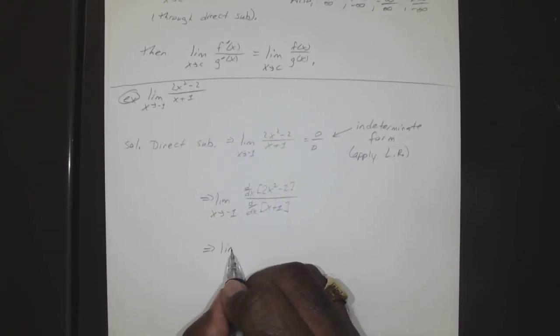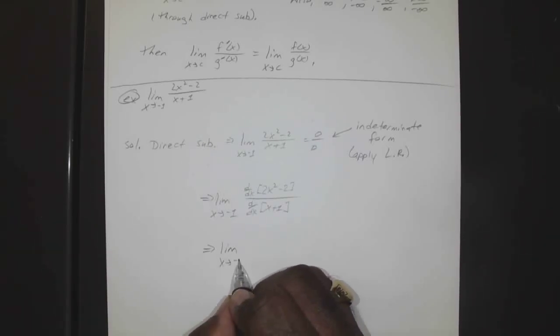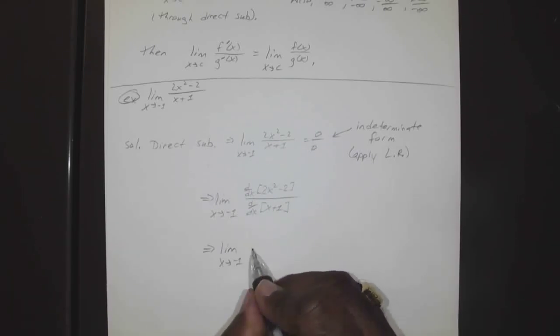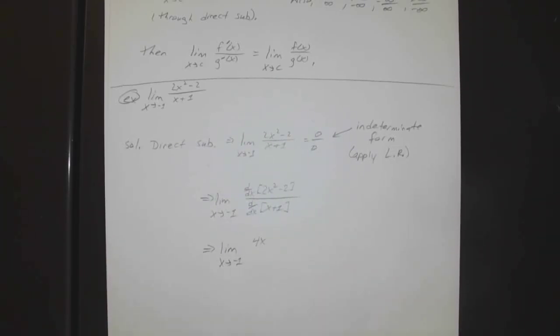That becomes 4x over the derivative of x plus 1, which is just 1.